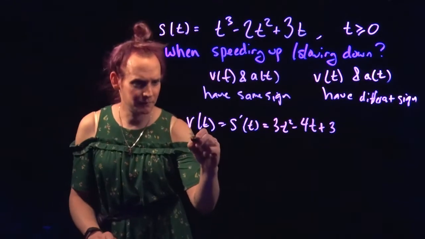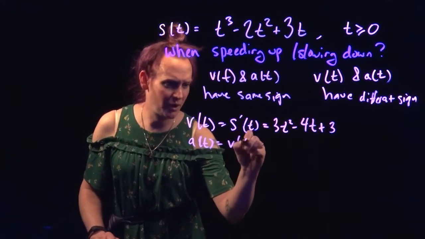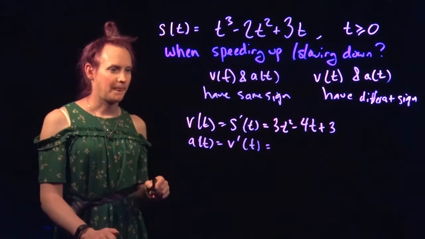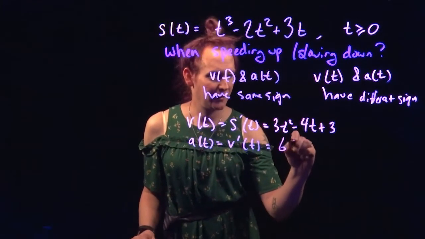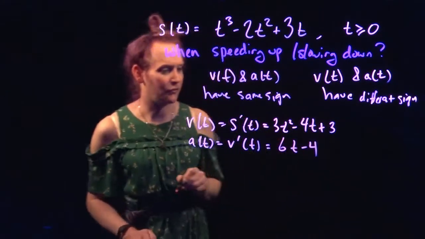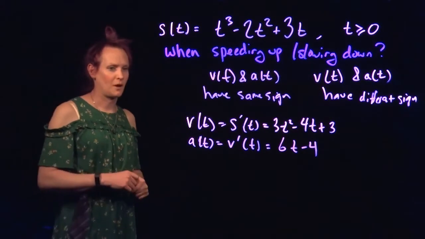And the acceleration, a of t, is equal to v prime of t, or the second derivative of the position function, which is going to be 6t minus 4.